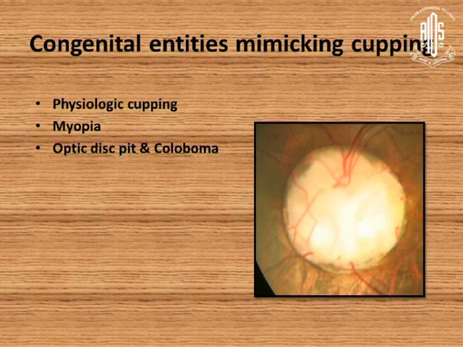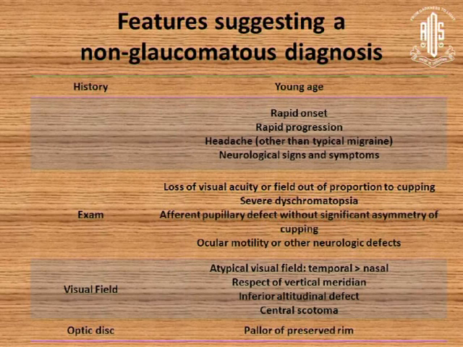So in summary, the features suggesting a non-glaucomatous diagnosis are a young age, rapid onset, rapid progression, headaches, neurological signs and symptoms, loss of visual acuity or field which is out of proportion to the cupping, severe dyschromatopsia, afferent pupillary defect without significant asymmetry of cupping, ocular motility or other neurological defects, atypical visual field where the temporal field is affected more than the nasal, respect of the vertical meridian, and typical neurological fields like an inferior altitudinal defect or a central scotoma, and most importantly, pallor of the preserved rim.